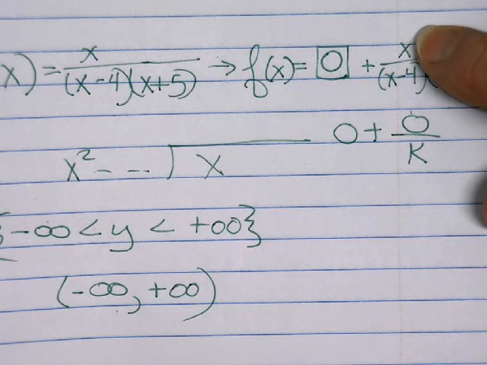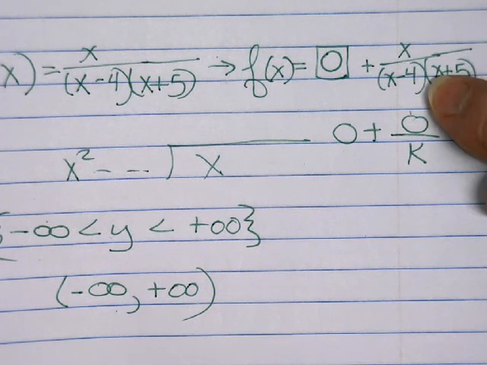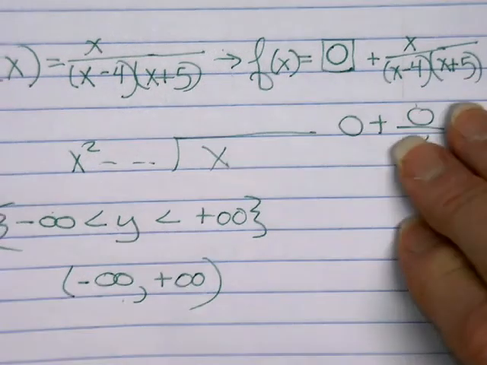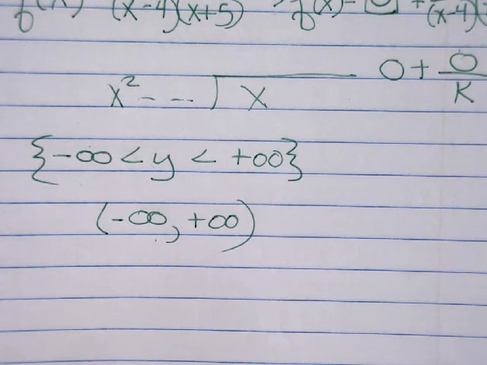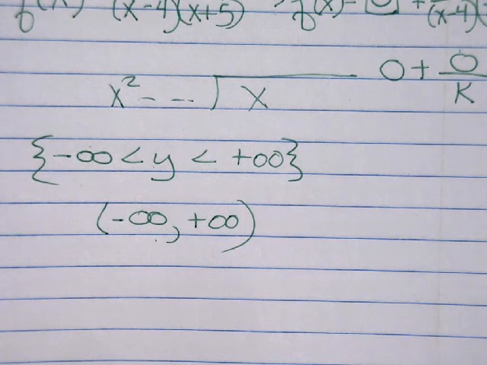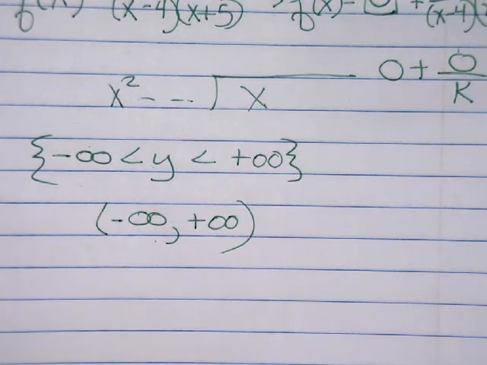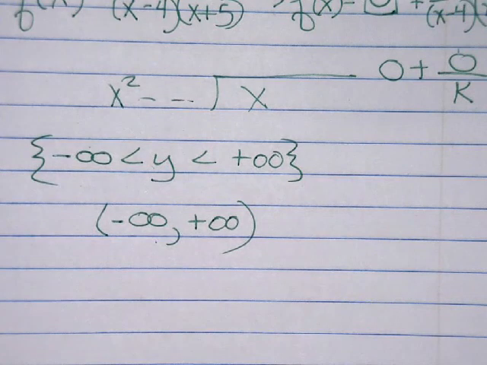And the interval notation is negative infinity to positive infinity. So that, because the numerator's power is smaller than the denominator's power, the range has no exceptions.